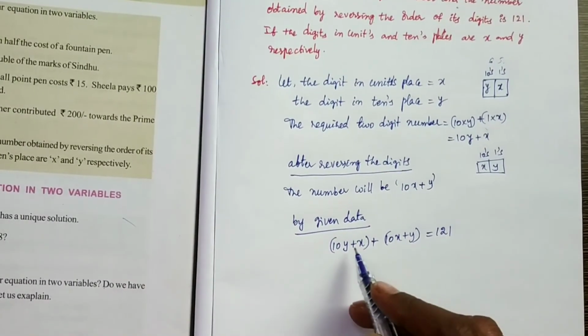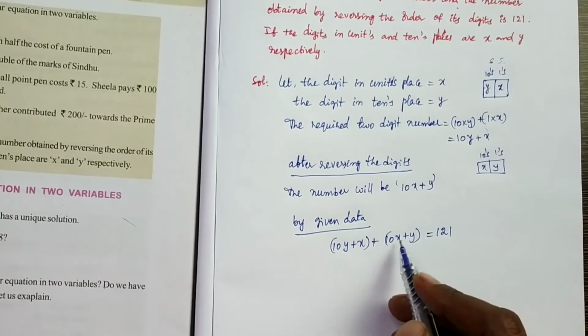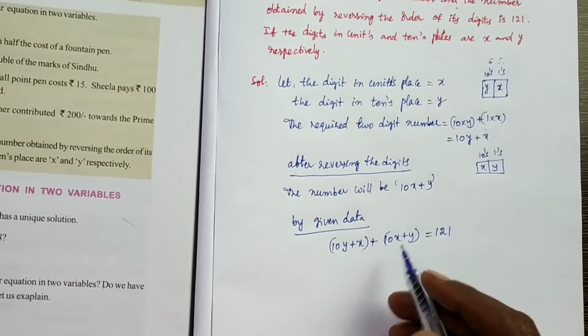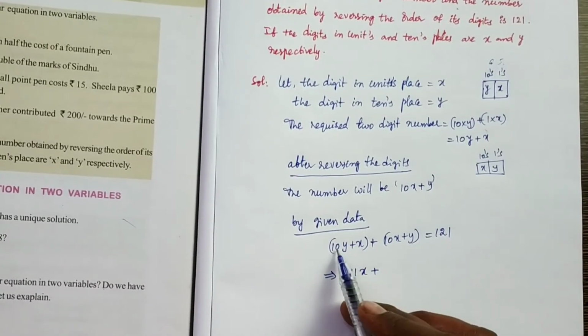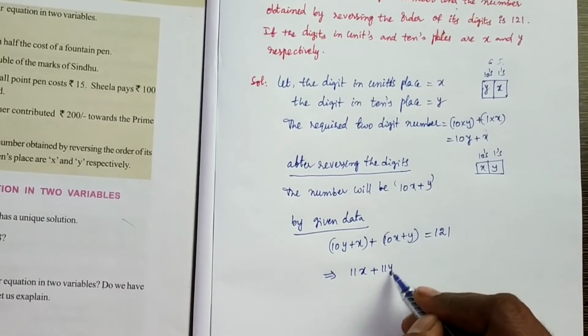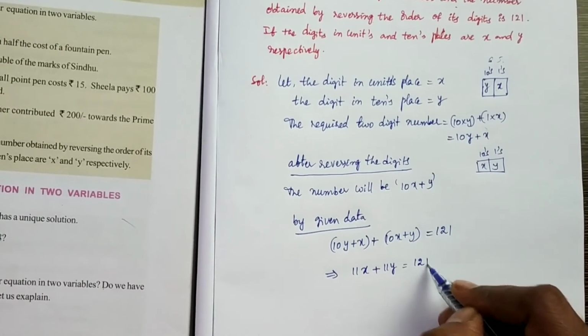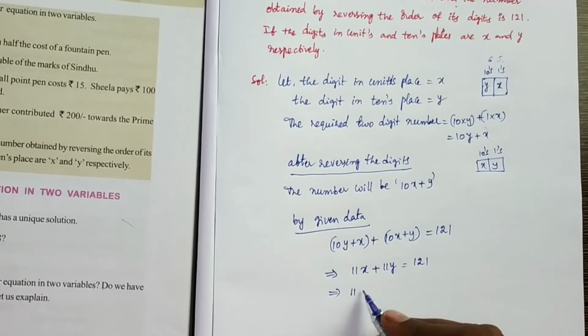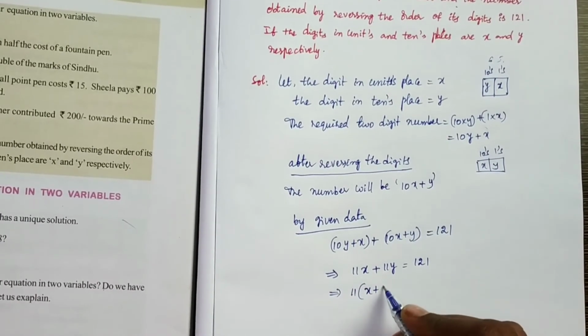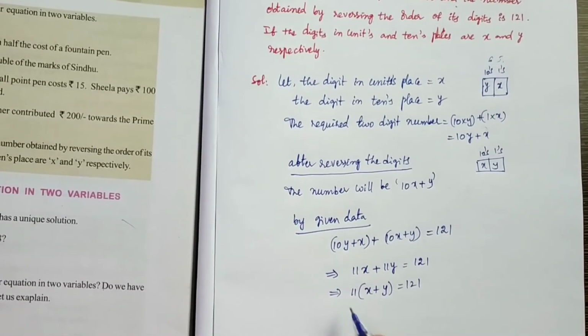Adding like terms: x plus 10x is 11x, and 10y plus y is 11y, equals 121. Take 11 common in both terms: 11 into (x plus y) equals 121.